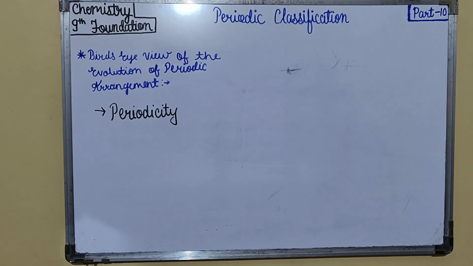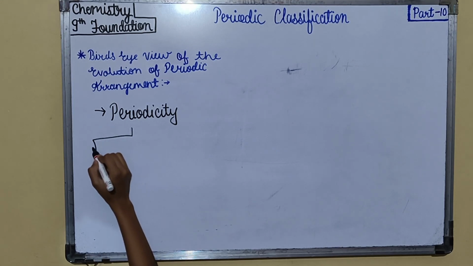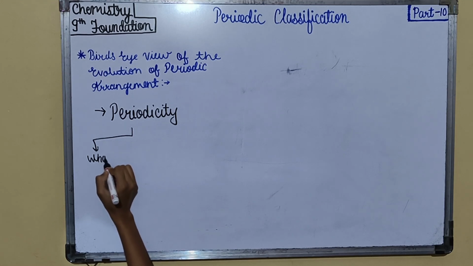I will repeat: the repetition at regular intervals of properties of elements in a periodic table is called periodicity. So the doubt is, what causes periodicity?